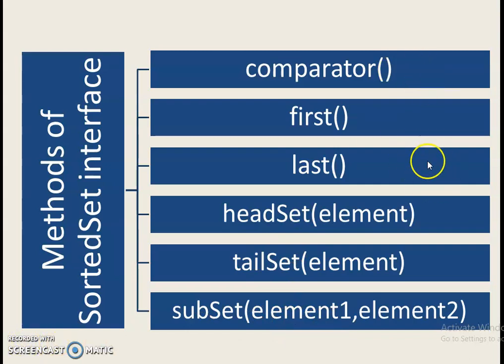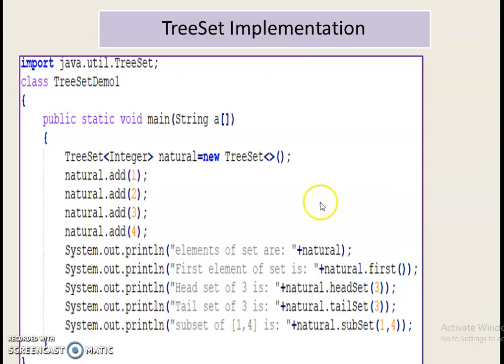Now let's use these methods in TreeSet. So here we have code. First of all we need to import java.util.TreeSet, as we have discussed that all the classes and interfaces are inside the java.util package, so we need to import, right? Next we have a class named TreeSetDemo1. We have the main method. Here we are creating an object of TreeSet. This is the syntax.